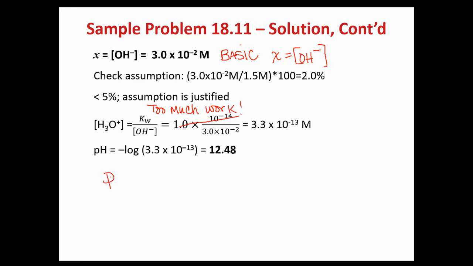Instead, I think you should take the pOH, which should be 1.52, and then to find the pH, take 14 minus that number.